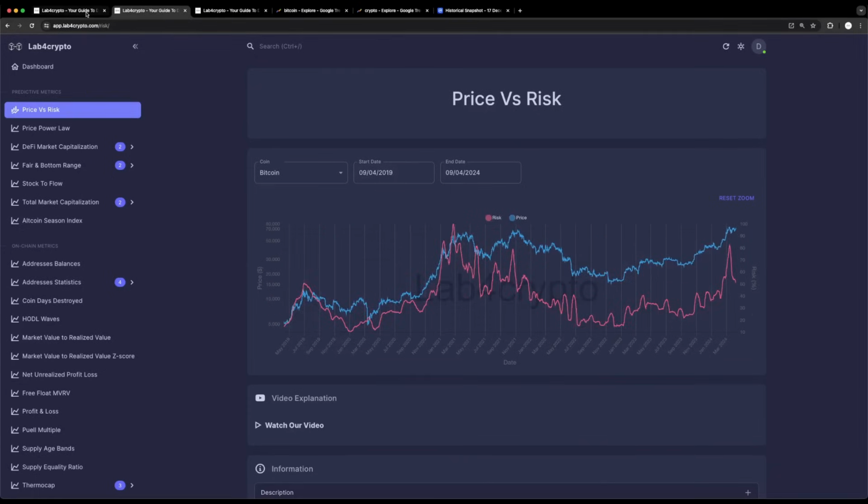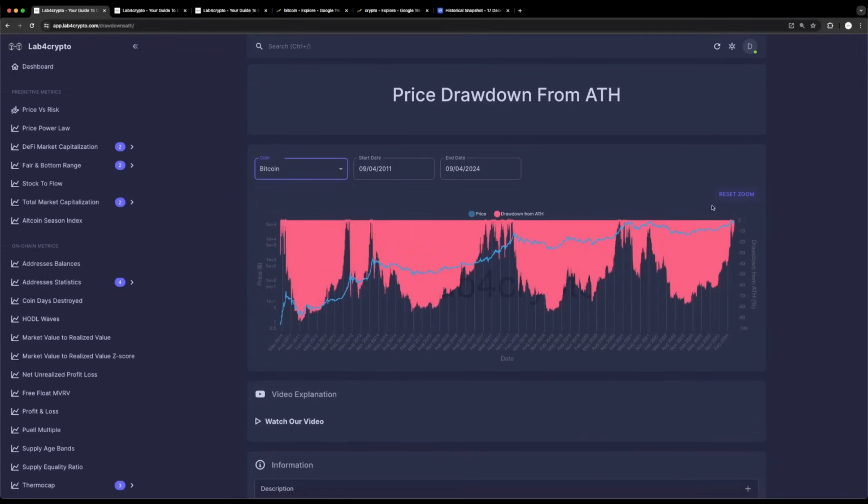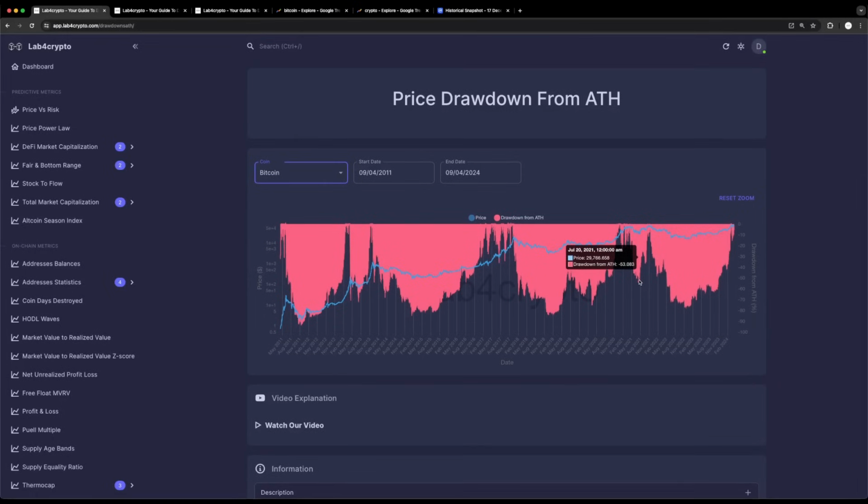If we also check it from the graph here, it was 53.08%.